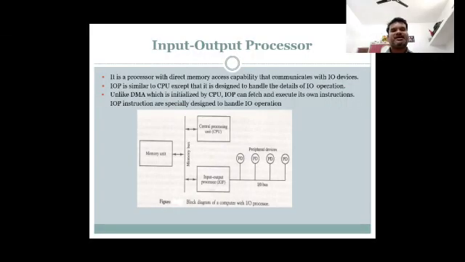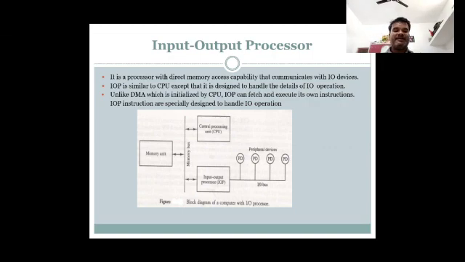Next is I/O processor, or input output processor. It is a processor with direct memory access capability that communicates with input output devices. Input output processor is similar to CPU except that it is designed to handle the details of input output operation.